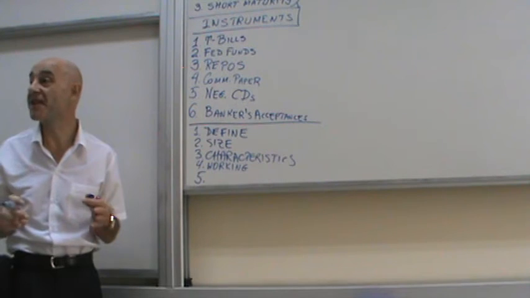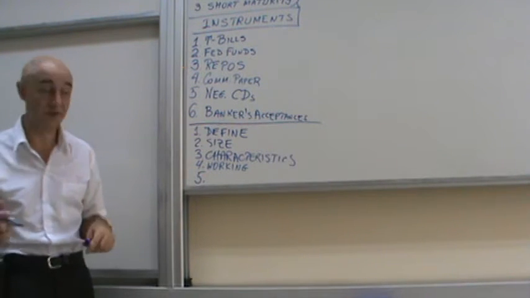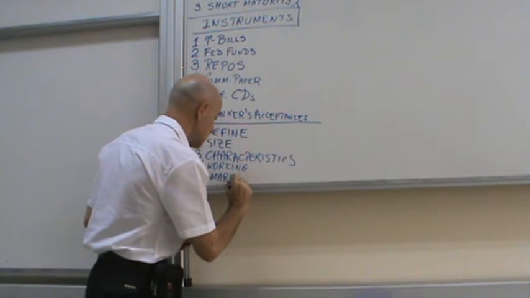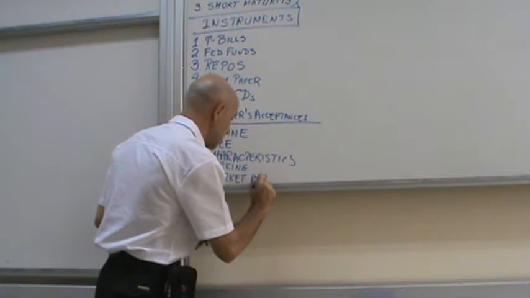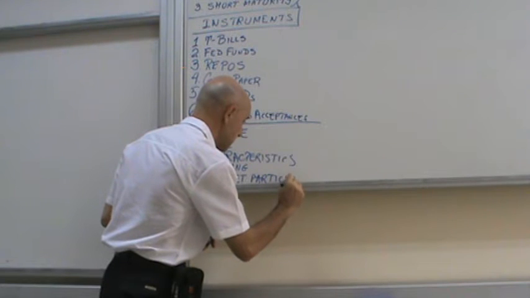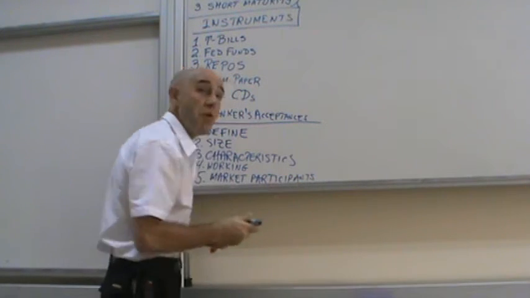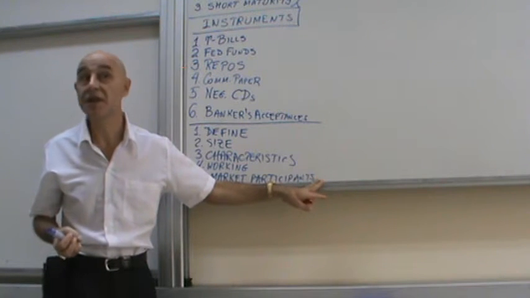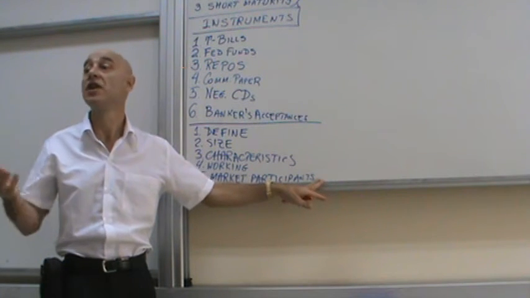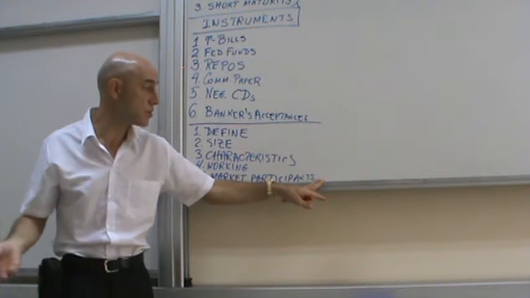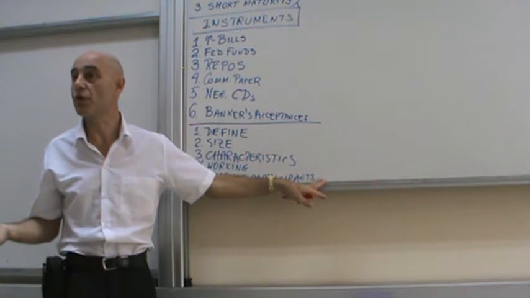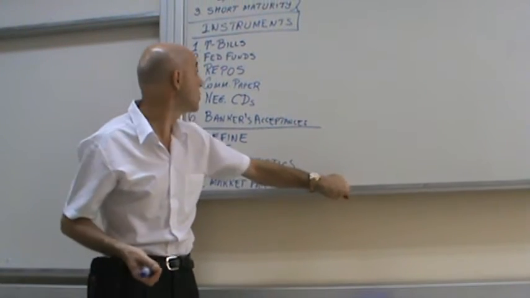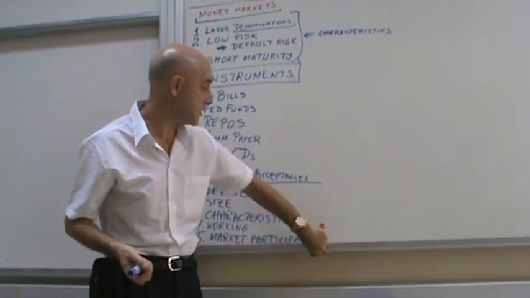We call it market participants. Market participants will be financial institutions, maybe the central bank, individuals, as in households, and maybe businesses or corporations. So we'll go slowly, step by step, to cover these.